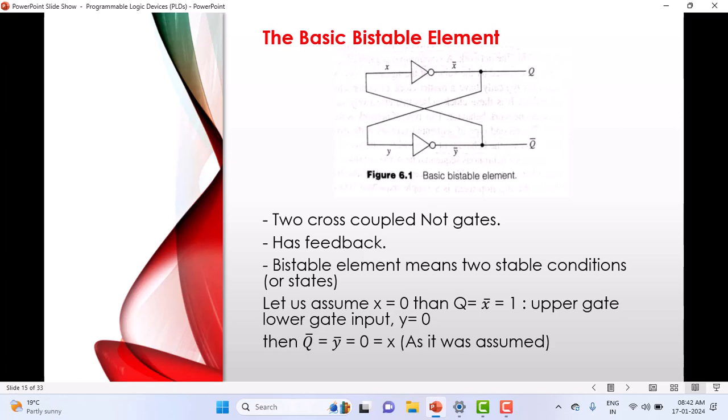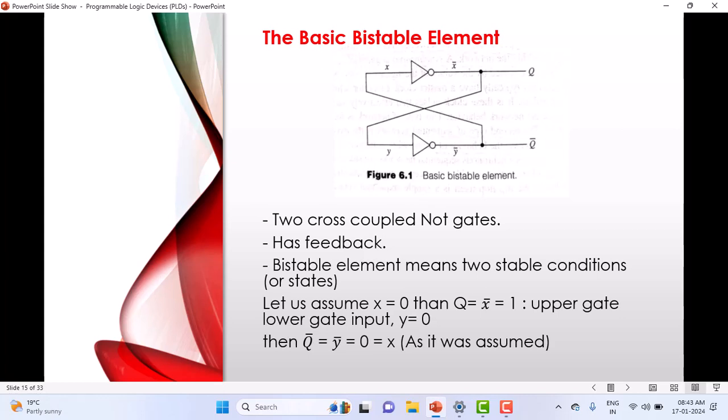And then I apply x, you can apply anything here. There is no rule that you must apply only 0, 0 or 0, 1 at x and y. You can apply anything you want at x and y, but at the output you must assume either q as 0, then q bar has to be 1, or if you assume q as 1, q bar has to be 0. Understand?